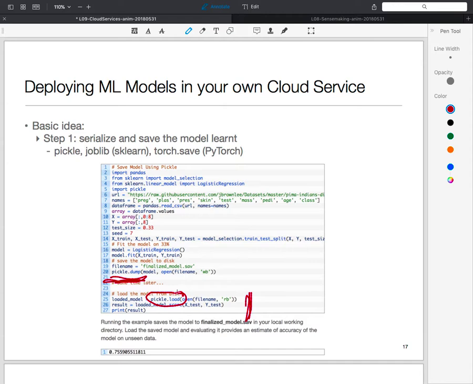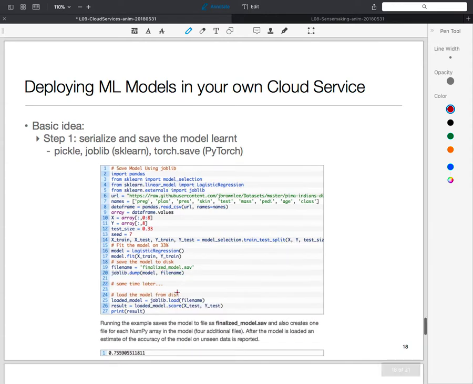And if you're doing any deep learning type model, particularly with Facebook PyTorch, then it has something called torch.save. Both of these are built on top of pickle, but they are optimized specifically for these models. This is a joblib example, and it pretty much looks the same. So you can save. So that's step one.